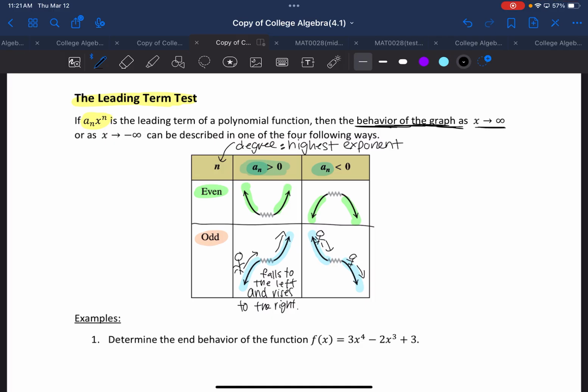It's one way that they can describe it in words in Pearson. And then this one is described as rises to the left and falls to the right.